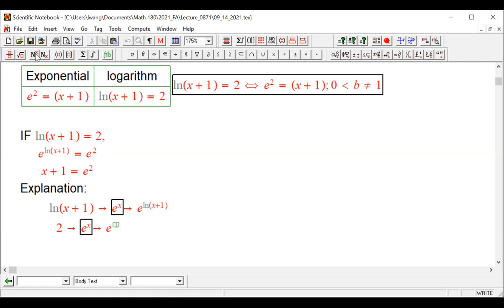Do you see that? Yes. That's what it means, because the same function acts on it, and this same function, e to the power x, is a one-to-one function. So from this statement, the next statement is true.